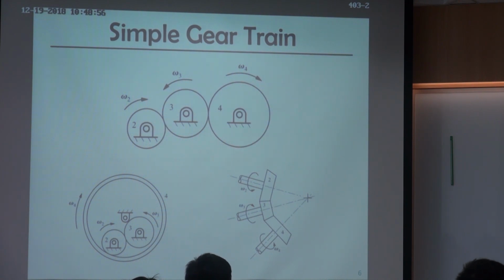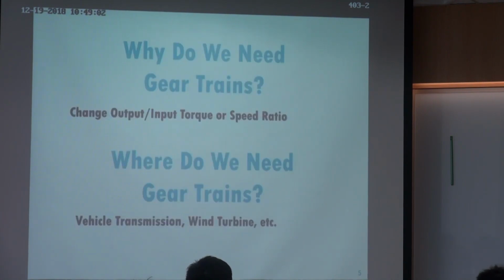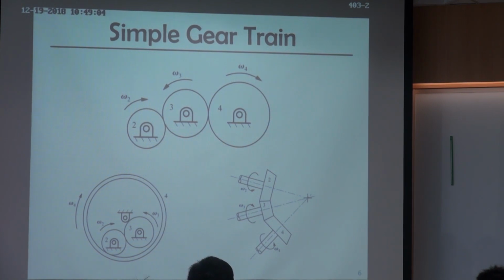So another example is the internal gear. I'll just write here because the equation is very short. Let's say omega 3 is the input and omega 4 is the output. So it's connecting from 3 to 2, and 2 to 4.